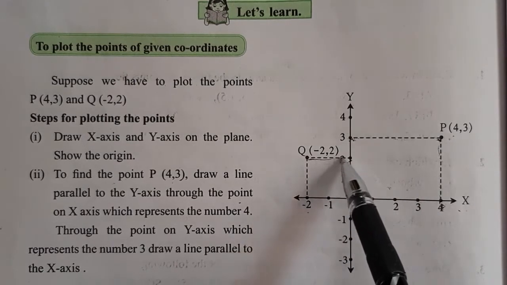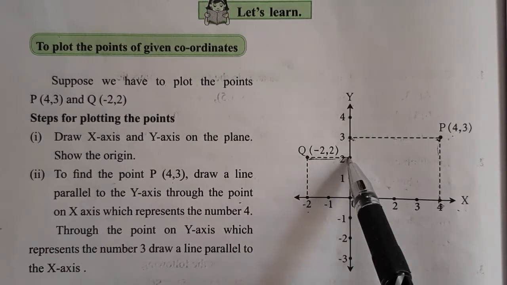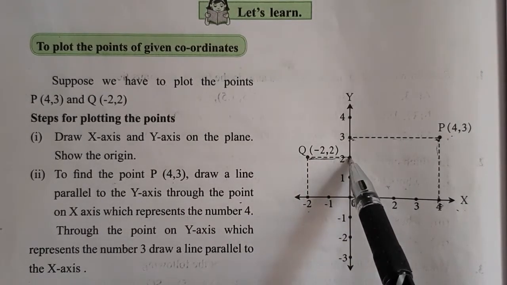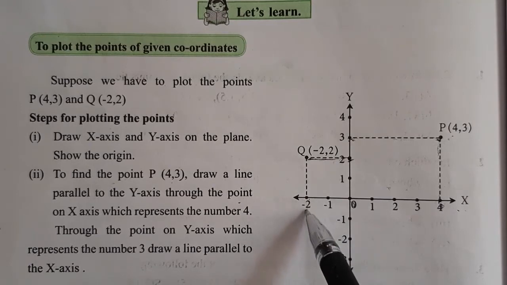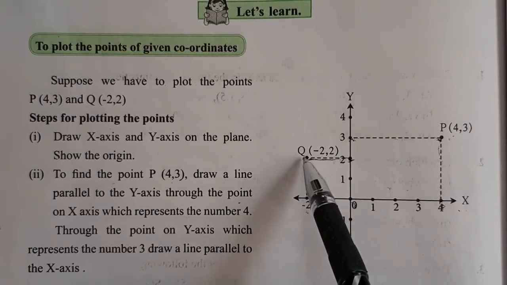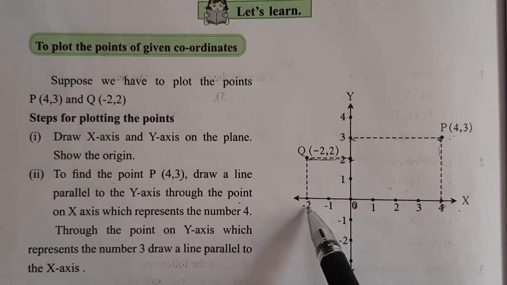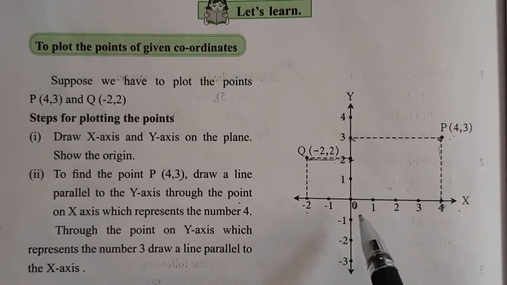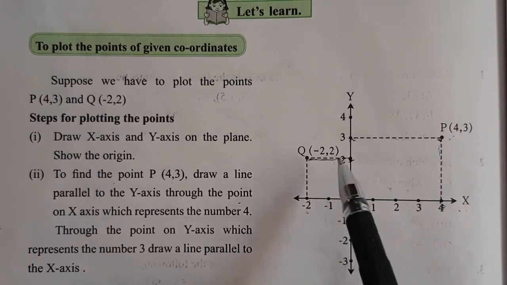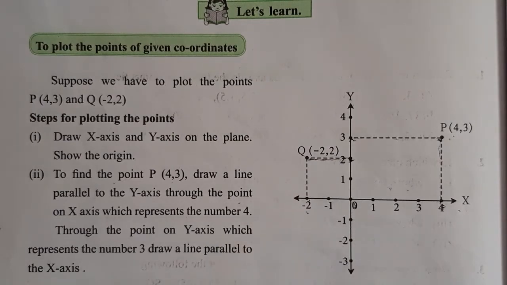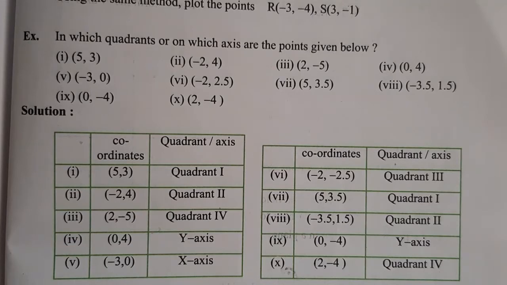This is the point 2 which lies on the y-axis, and here -2 lies on the x-axis. So Q has the coordinates -2, 2. Here -2 is mentioned because, as we know, to the left side of the origin the numbers are negative. Okay, so -2, 2.